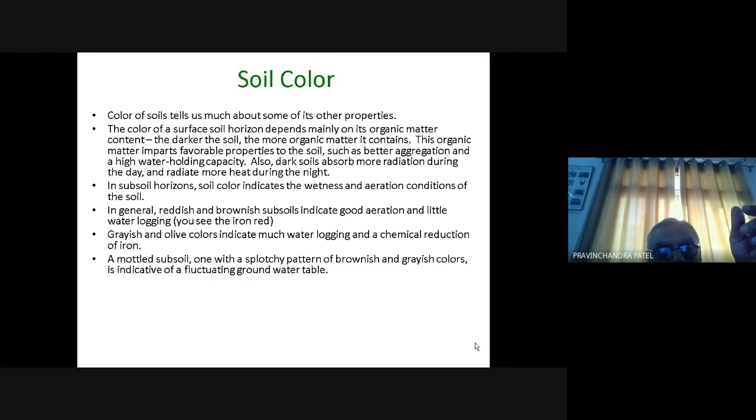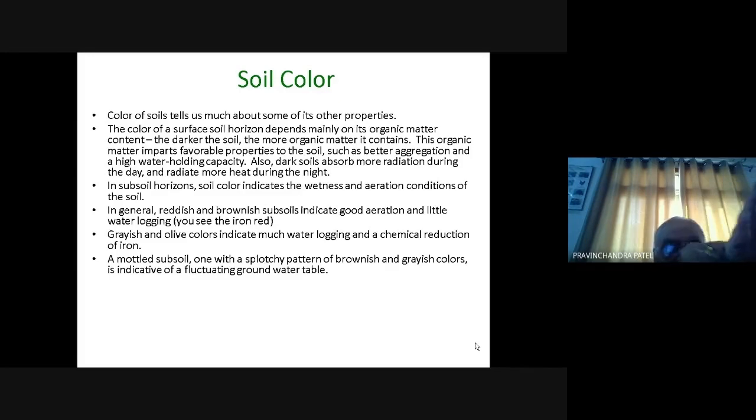In subsoil origin, soil color indicates the wetness and aeration condition of the soil. In general, reddish and brownish subsoil indicate good aeration and little waterlogging. Grayish and olive colors indicate much waterlogging and a chemical reduction of iron. So, waterlogging condition is not desirable for the better growth of the plant.